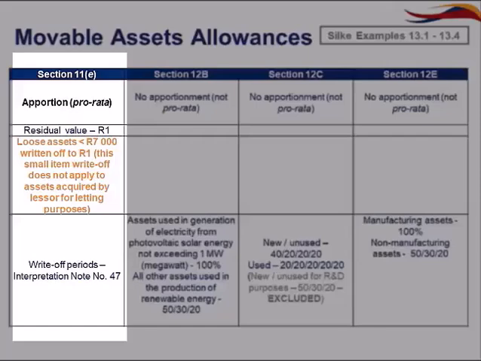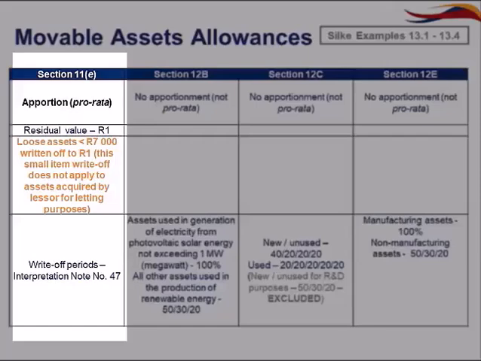written off. Should there be loose assets, in terms of section 11E, we could actually write off the full amount up to R1 on these loose assets, provided the value of those assets is less or equal to R7,000. Now, that does not include where you've broken up a big item into many smaller items.